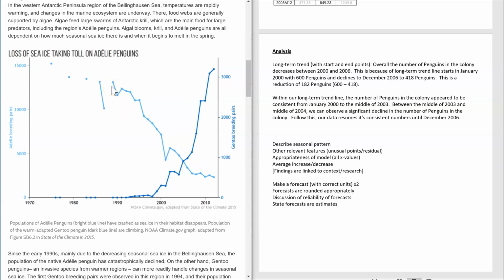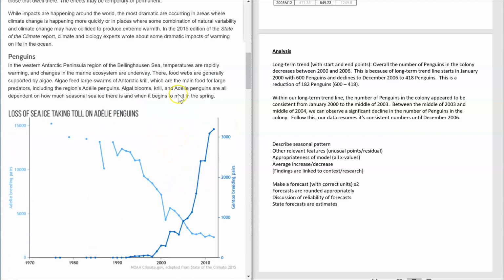We don't know if it was Adele penguins that we were investigating, but we can see a very big decline here. And if you have a look at this point here where the Gentoo penguins overtake the other ones, that's probably about 2004. So I thought this graph did explain why, particularly at 2004, there was a sudden drop. And you can kind of see in this range here, that was definitely the more dramatic drop of our graph.